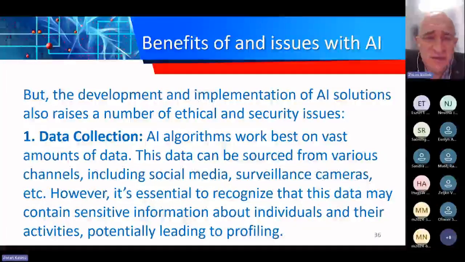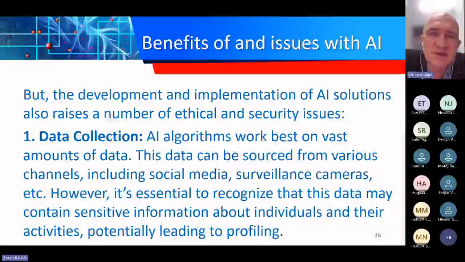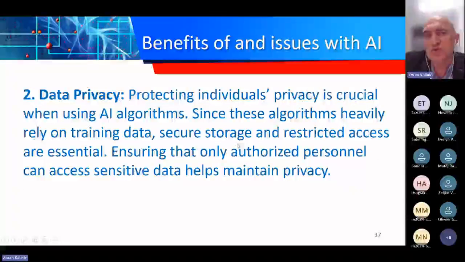And this data can come from different sources, but again, it's important that this data could contain sensitive information, and it has to be collected in an ethical way and used in an ethical way, because otherwise you can compromise your business model.